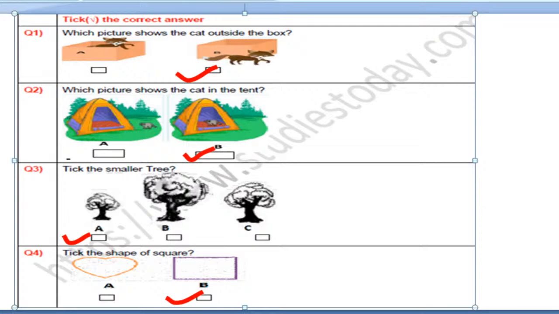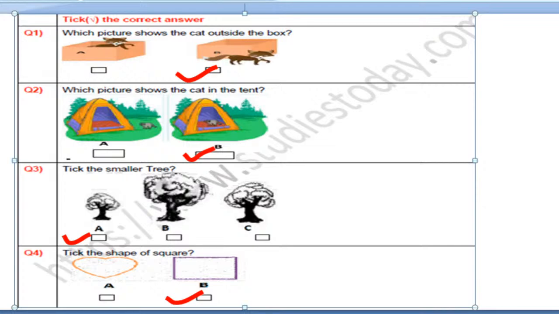Now come to the third question. You have to tell me the smaller tree. Among these three trees, which one is the smaller one? Sarthar has written A. Good.